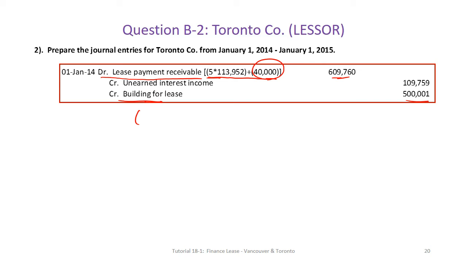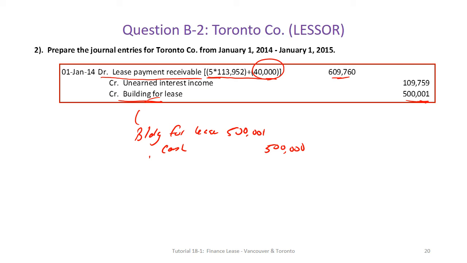So they would have debited the building for lease of 500,001, and then they would have credited their cash to buy the building, right? And then now they are leasing this building out to the lessee, and of course that building comes off their books basically. So credit the building for lease.